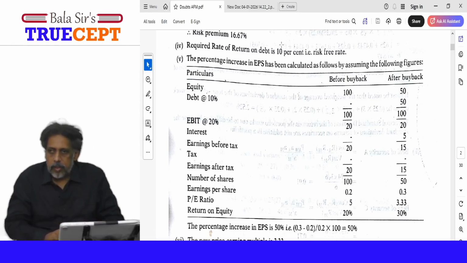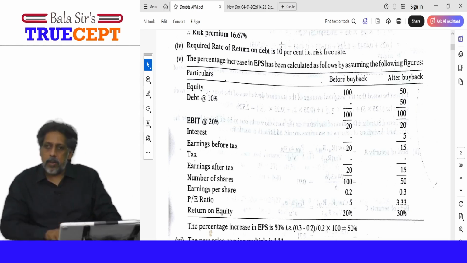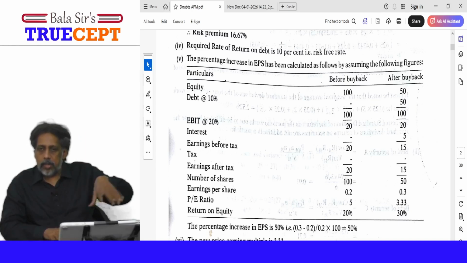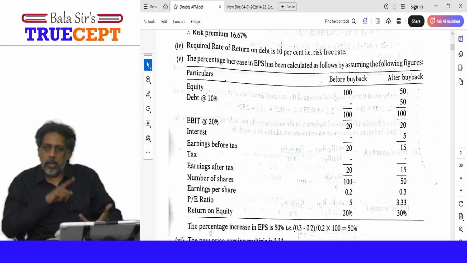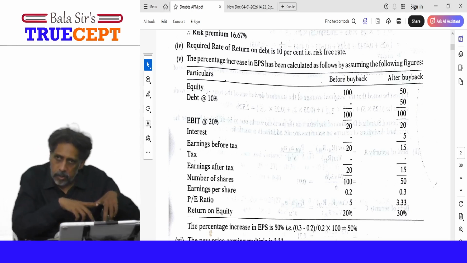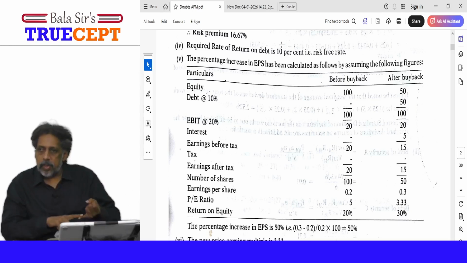Next, EBIT at 20%. It doesn't matter whether you have debt or not, pre or post buyback. 20% is the return on the assets employed, right? So 20 rupees and 20 rupees. But minus interest, which will be 0 and 10% of 50, that is 5 rupees.